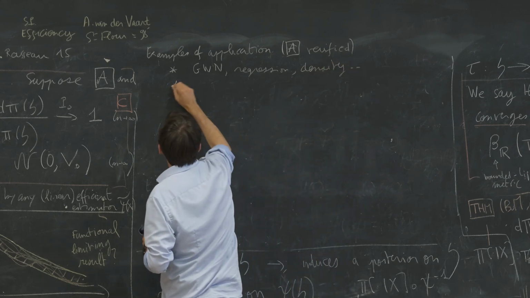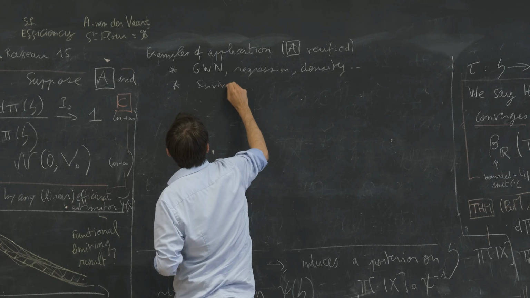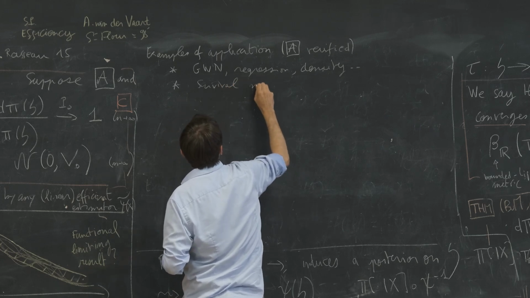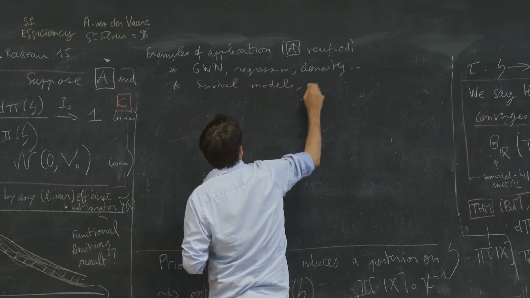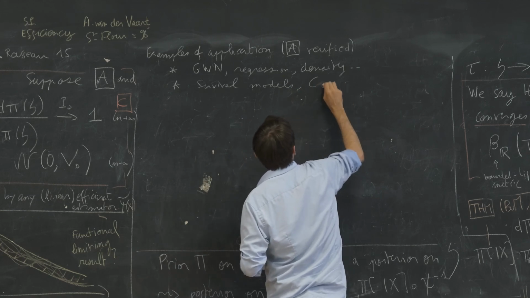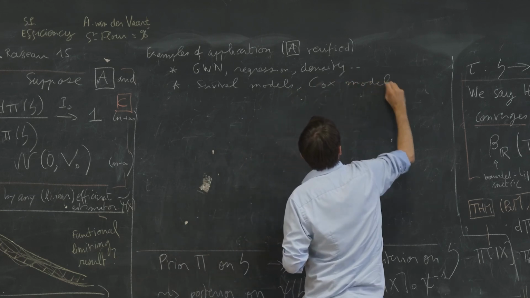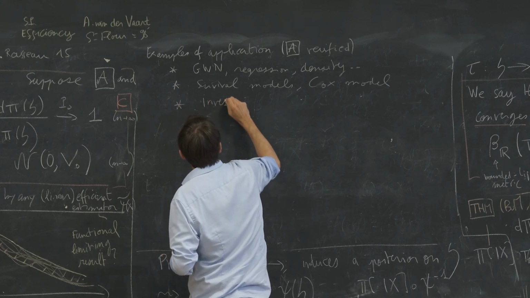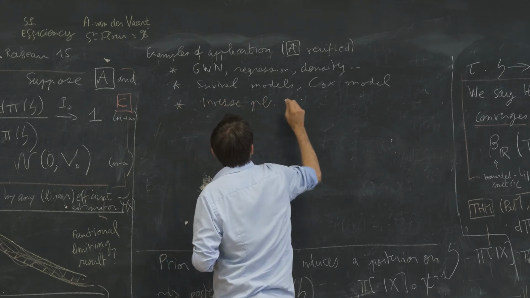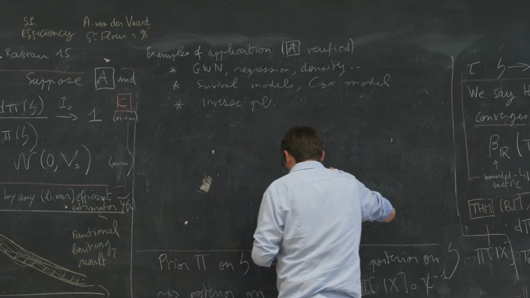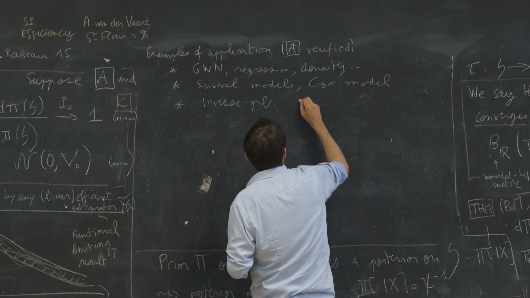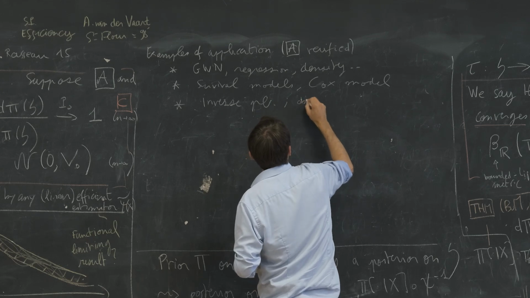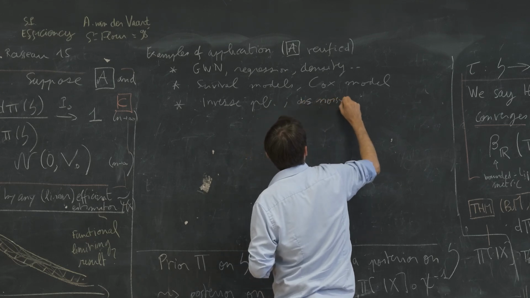So you have the survival models. Since LAN is very natural and common, you have the Cox model. Just know a bit about it. So you can do inverse problems, like observing a noisy solution of a PDE.